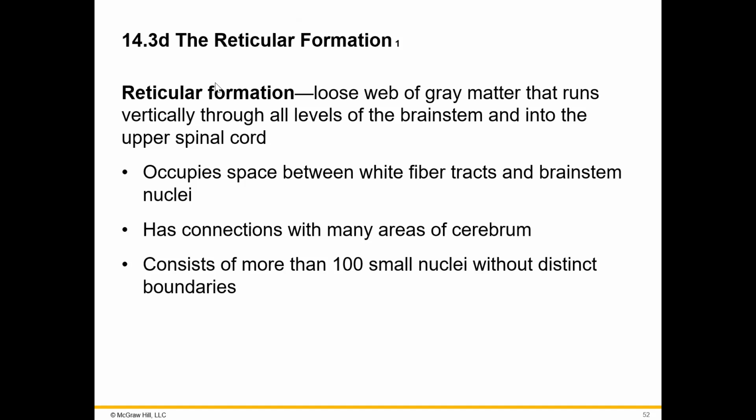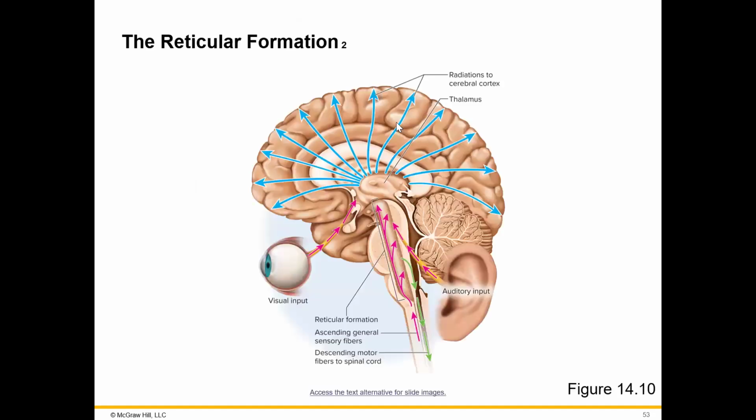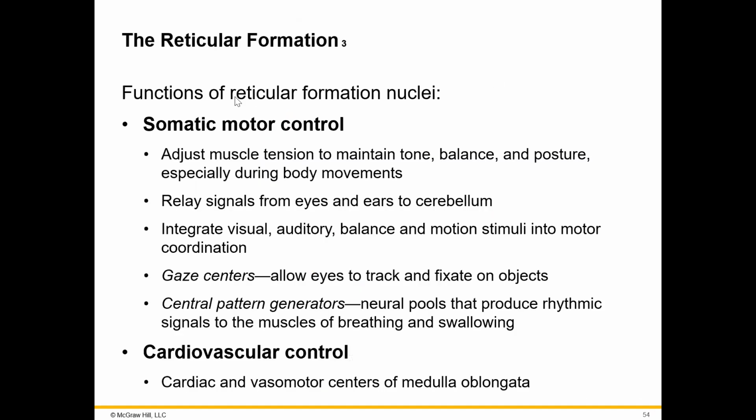It ends here, and this is the reticular formation, a loose web of gray matter that runs vertically through all levels of the brainstem and into the upper spinal cord. So that's the reticular formation and functions of the reticular formation nuclei.